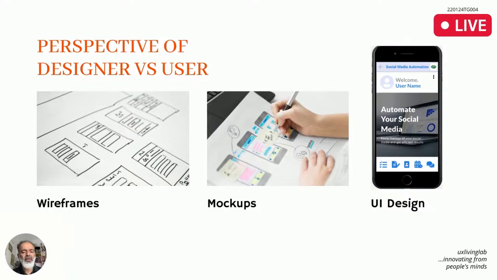So what are you learning in these three stages? Some people say that they go to the user only after UI design, but what we suggest is that at each stage, the wireframe stage, the mockup stage, and the user interface design stage, you talk to the user and get user experience. The stories also can be developed based on these three steps.